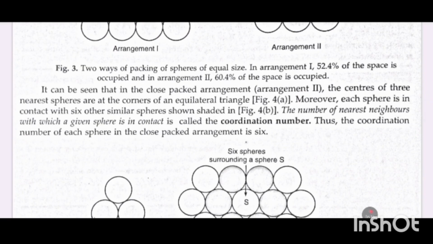It can be seen that in the close packed arrangement, the centers of three nearest spheres are at the corners of an equilateral triangle. Moreover, each sphere is in contact with six other similar spheres, shown shaded.